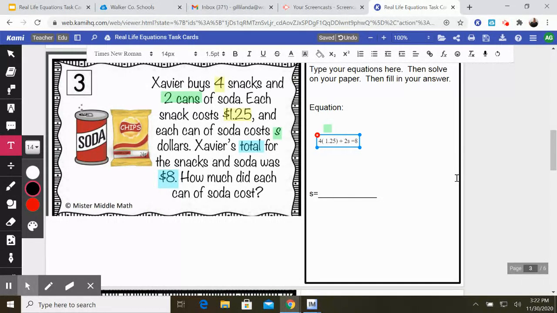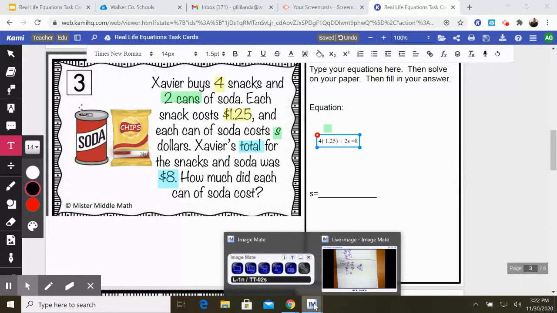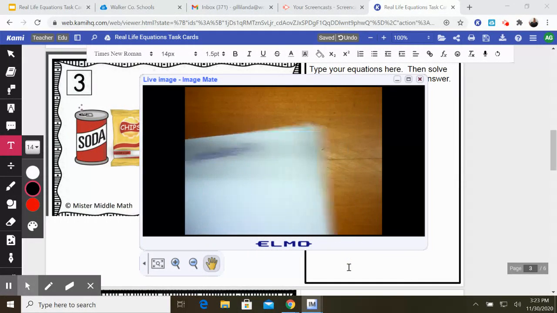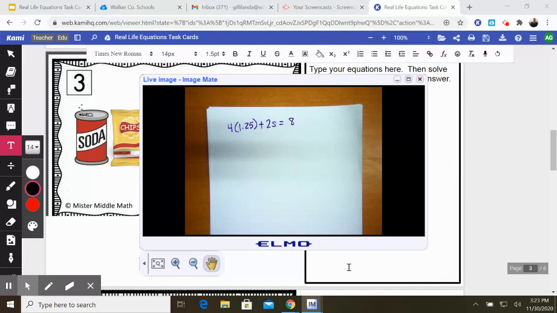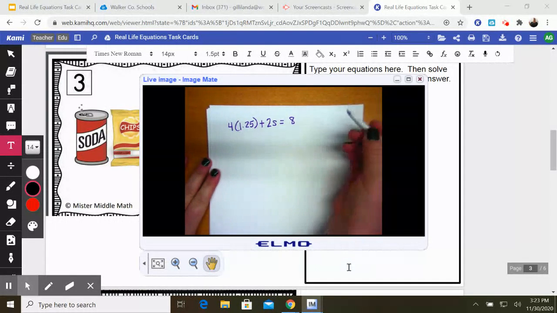So 4 times $1.25 plus 2 cans of soda equals $8. Okay, so we would distribute this just like any other time. 4 times $1.25.